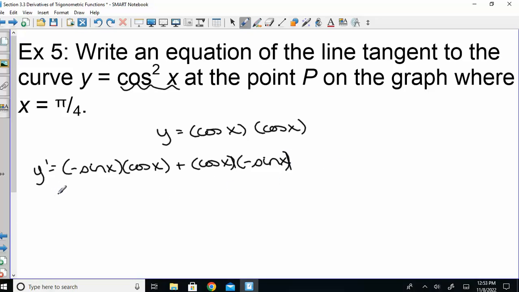What do you notice about these? They're the same. Negative sine x cosine x plus negative sine x cosine x is negative 2 sine x cosine x. Alright, so to get my actual slope, we have to plug in the x.